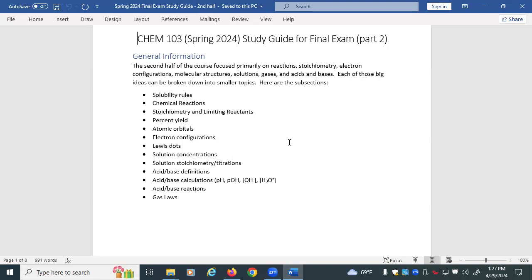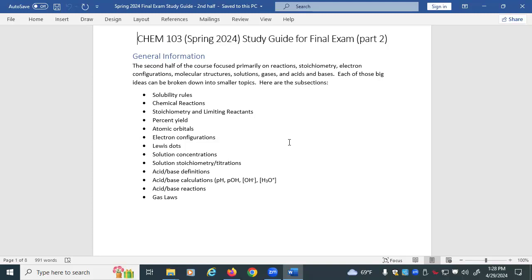So solubility rules, what dissolves in water and what doesn't dissolve in water, that is going to be featured in the exam on Wednesday. Now, I've included a question about that in the study guide here.